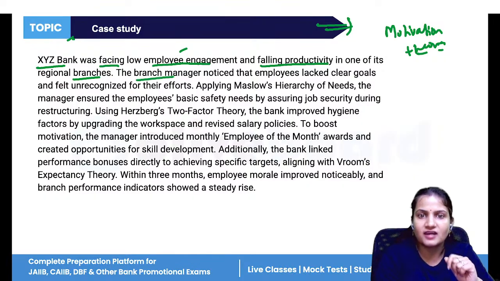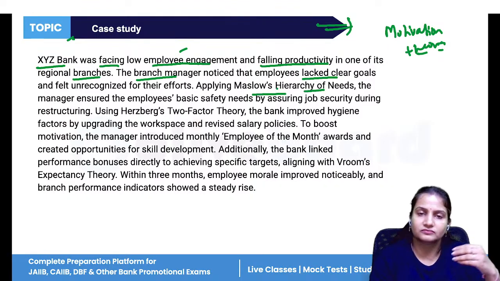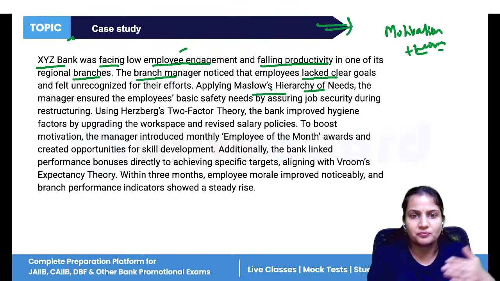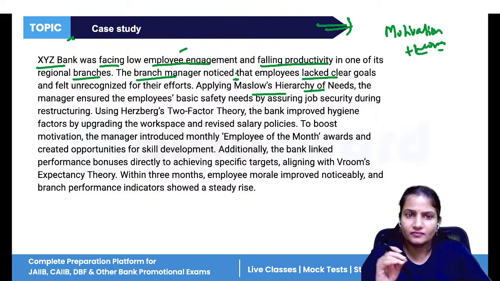The branch manager noticed that employees were lacking clear goals. So the branch manager adopted Maslow's hierarchy of needs theory. This theory will help employees: it will provide basic safety needs and job security, and it will increase self-esteem.